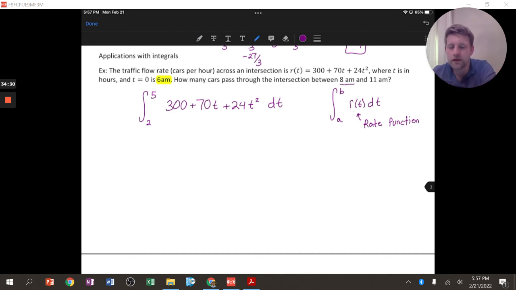So let's consider the antiderivative here. We'll have 300 times t, this is our variable. We can do plus 70 t squared divided by 2. And then finally plus 24 t cubed, and then divide by that new power 3.